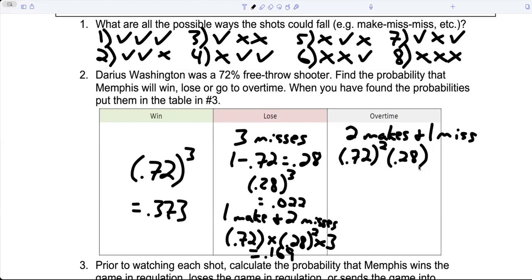And how many different combinations where he makes 2 and misses 1? There's 1, 2, 3 also, so I'm gonna multiply that times 3. And so that gives me what? 0.435.